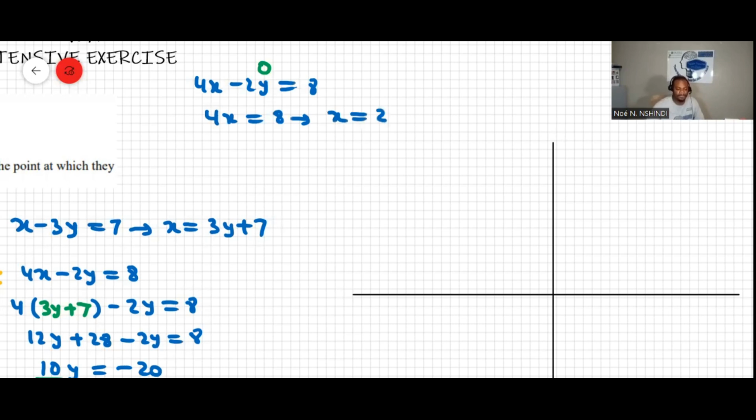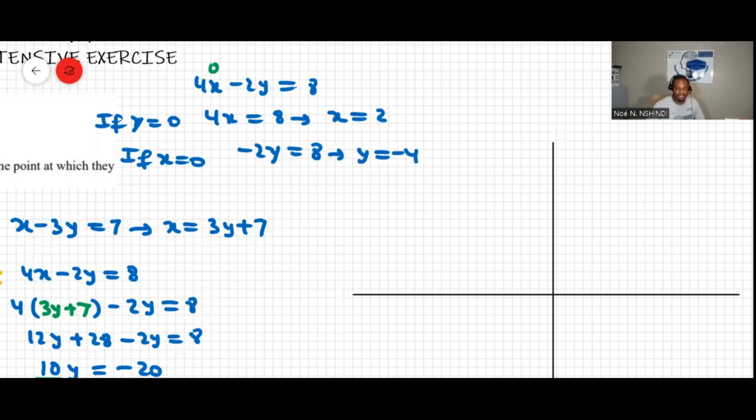This is if y is 0. Now if x is equal to 0, so I sub in a value of 0 there, this will be negative 2y equals 8, which means y will be equal to negative 4.